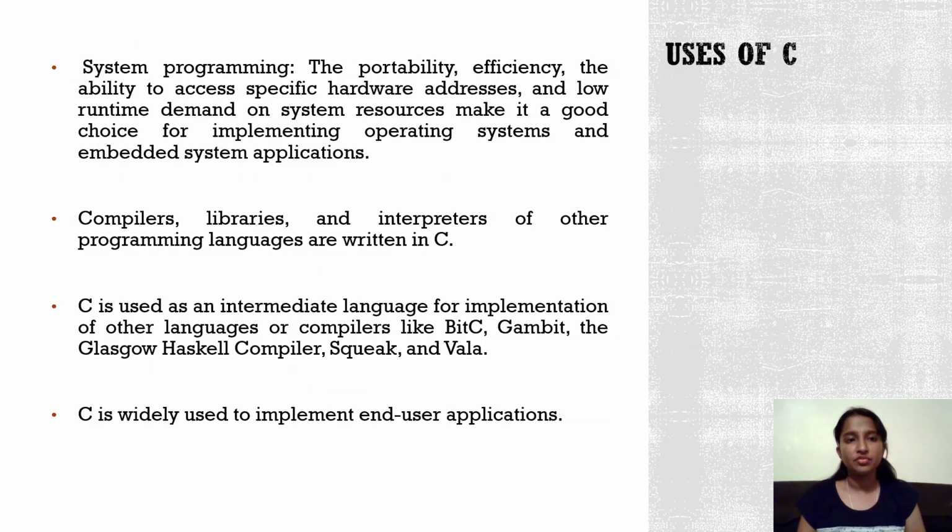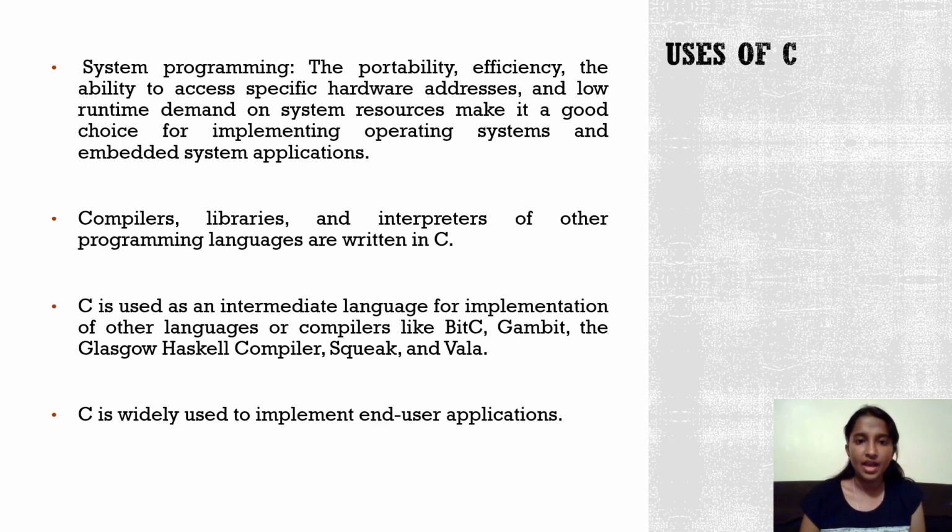Next comes the uses of C. System programming: the portability, efficiency, the ability to access specific hardware addresses, and low runtime demand on system resources make it a good choice for implementing operating systems and embedded system applications.